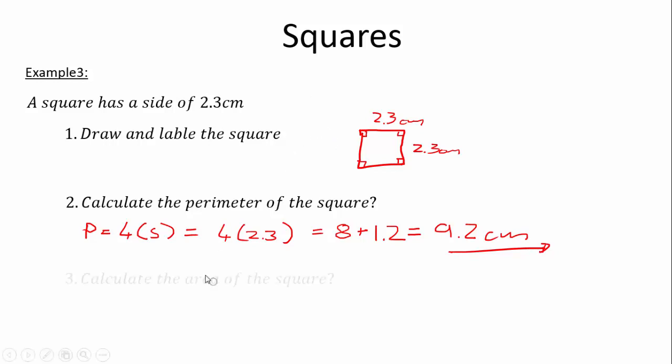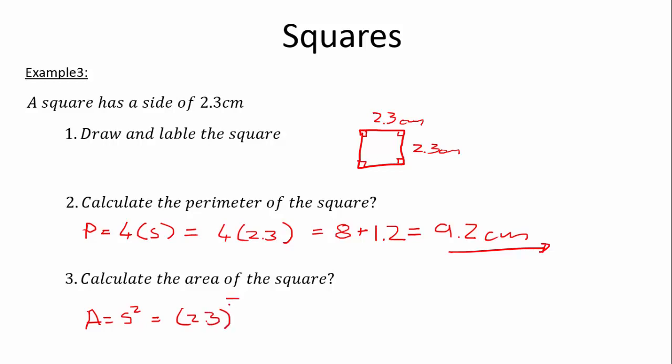Calculate the area of the square. We know that area is equal to S squared. So that is equal to 2.3 squared. Now here, if you want to, you can go 2.3 multiplied by 2.3. What's 3 times 3? That's 9. What's 3 times 2? That's 6. We add our magic 0. What's 2 times 3?